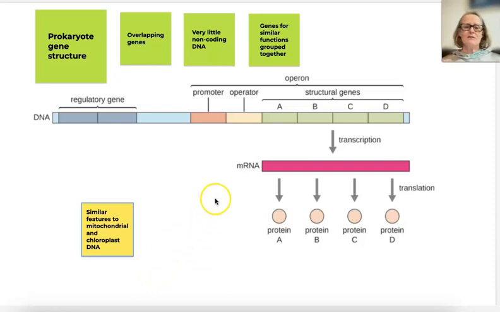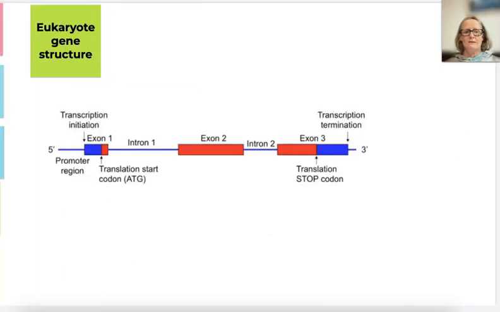Now, let's contrast this very tight structure of all the genes being close together, organized in functional groups, with what we see when we have a look at the genes in eukaryotic organisms. So here is our gene structure in a eukaryotic organism. Looks a little bit more complex.